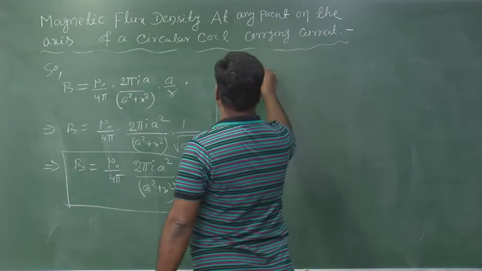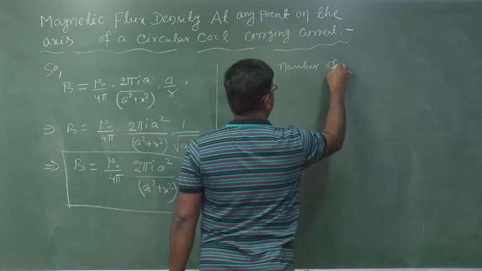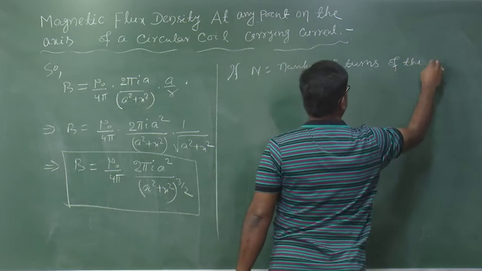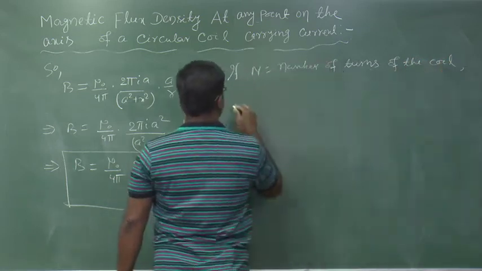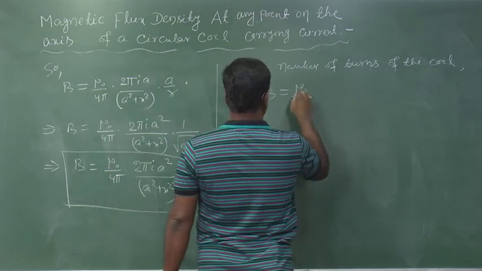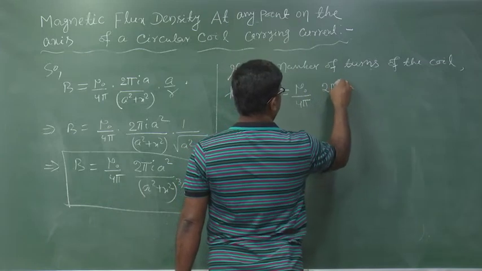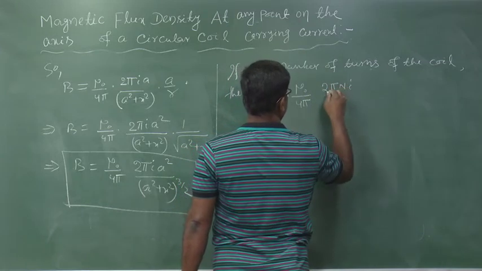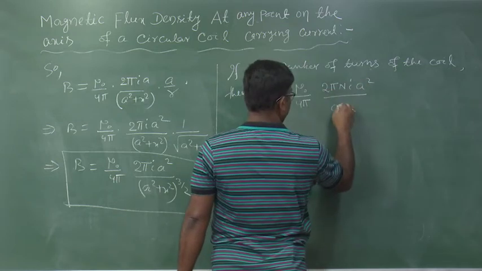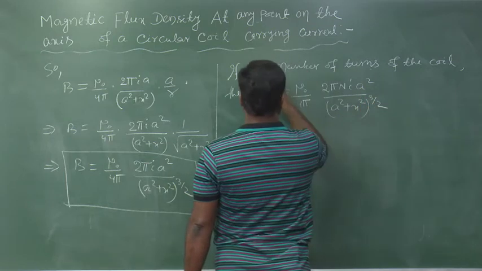If N is equal to the number of turns of the coil, then B equals mu 0 by 4 pi, 2 pi n I a square divided by a square plus x square whole to the power 3 by 2.